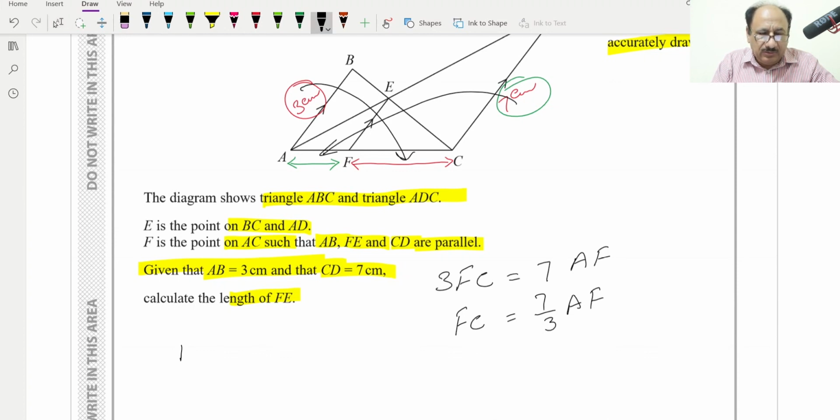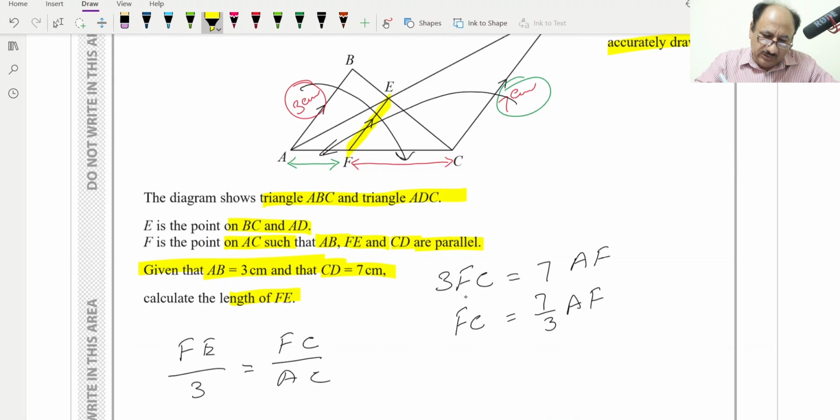FE over 3 is equal to FC over AC. So this parallel side FE, if I change the color and highlight this one, FE divided by this length will be equal to this length divided by this whole length.